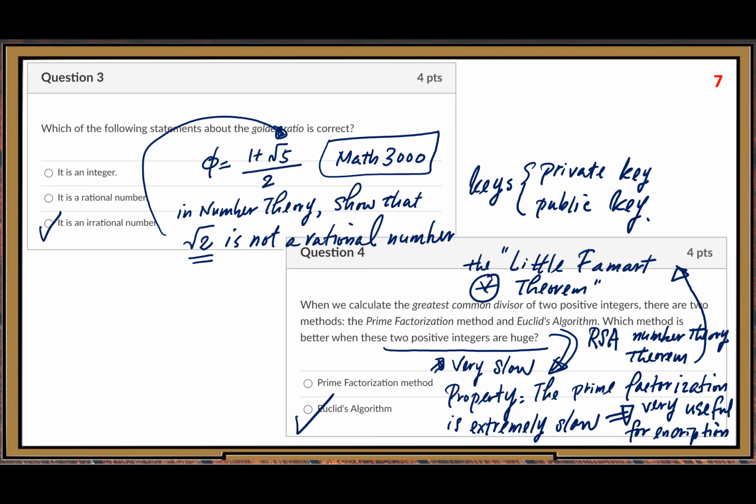So this property, although if we want to do prime factorization, it is not very good, people can use this property to protect our data on the web. So from this point of view, it is a very important, useful property.